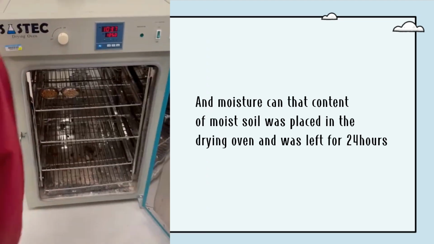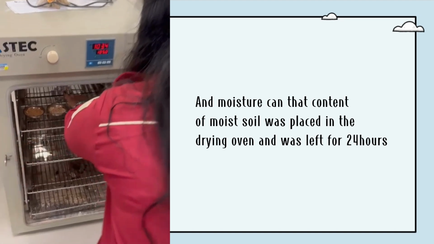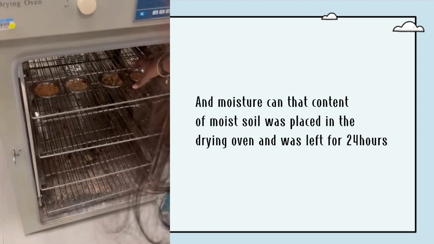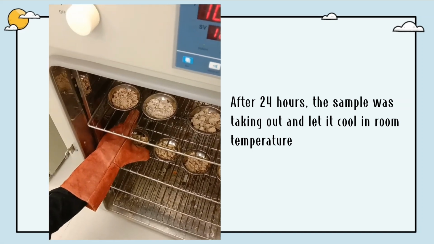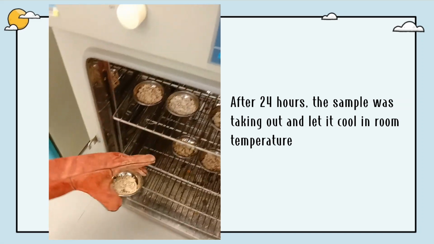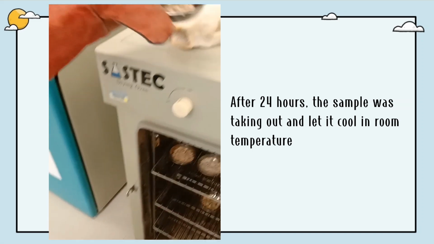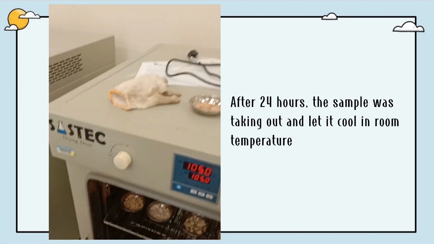Moisture can that content of moist soil was placed in the drying oven and was left for 24 hours. After 24 hours, the sample was taken out and let it cool in room temperature.